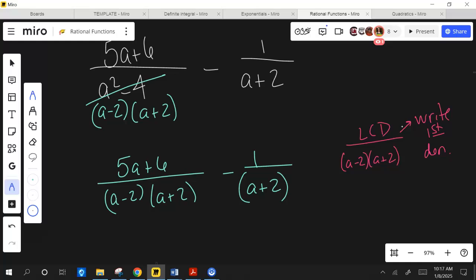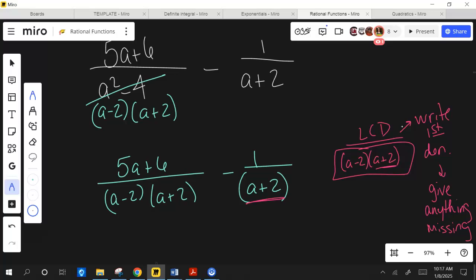Then I go to the next one, okay, and I give it anything it's missing. In this case, it's not missing anything, right? It's got 1 a plus 2 already in there. You agree with that? So I don't need to add anything to it. So I'm done now. This is my LCD.